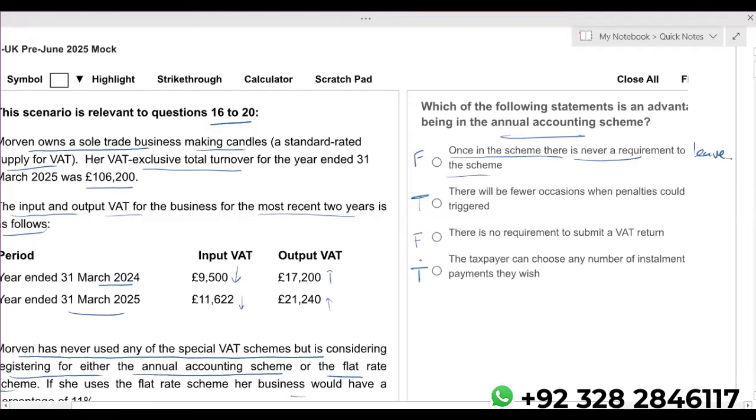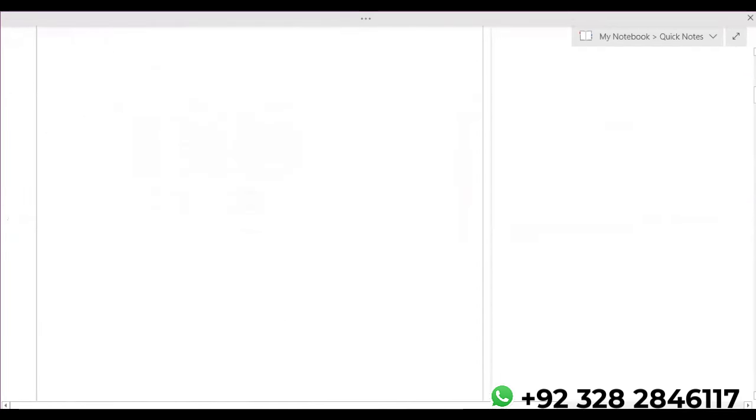If you want, you can go for less than that, but you cannot go more than that. So this last one is also false. You cannot choose any number. You can go for 9 or less than that. You cannot go more than that. So logically, B is the answer.